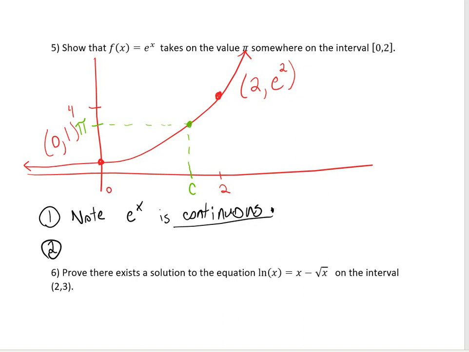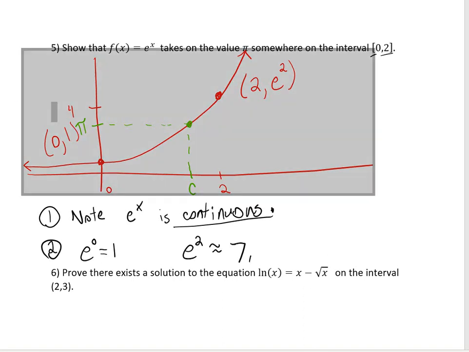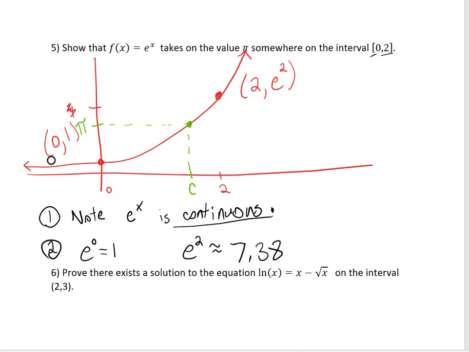Now, the second thing we want to do is plug in these endpoints. So e to the 0 equals 1. E to the second is around 7.38. My bad, let me change that on here. So not 4, it's actually closer to 7.38.